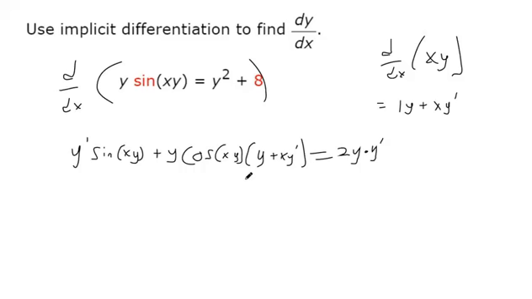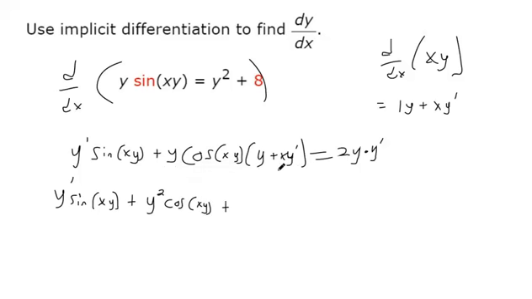Okay, so our next goal with implicit differentiation is algebra, and the goal is to get the y primes all on one side. So I'm going to distribute this to everything inside the parentheses, keep everything else the same. So y cosine xy times y makes y squared cosine xy.